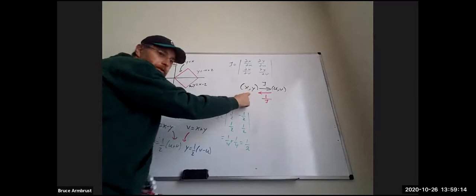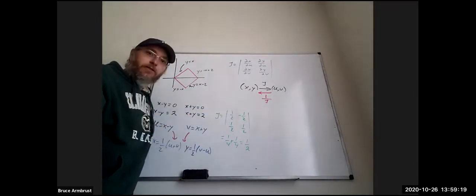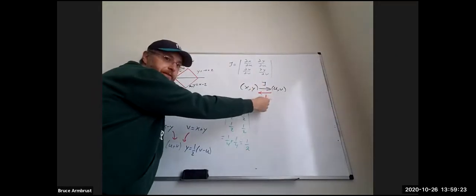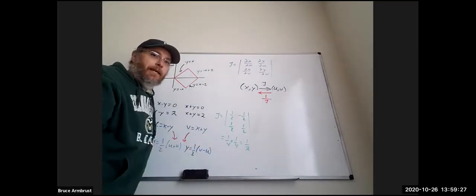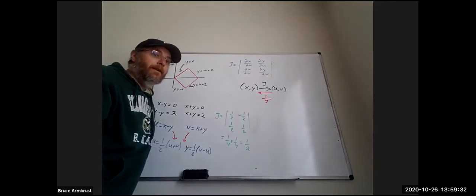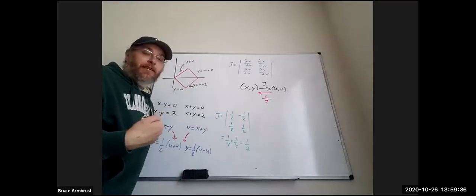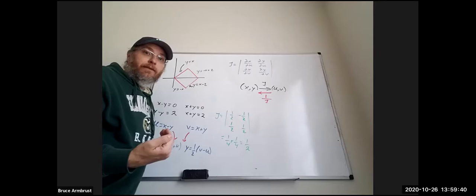Because the Jacobian going from xy to xy, well, we didn't change anything, so it must be 1. So J times whatever this is has to equal 1. Therefore, it must be the reciprocal. Okay, so if you were to do the inverse transformation, you just get the reciprocal for its Jacobian.